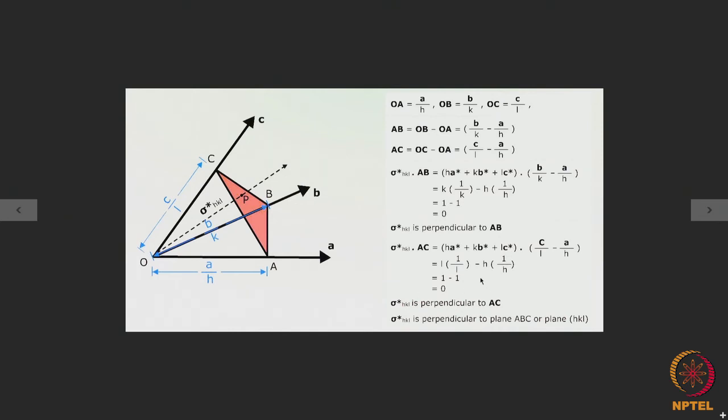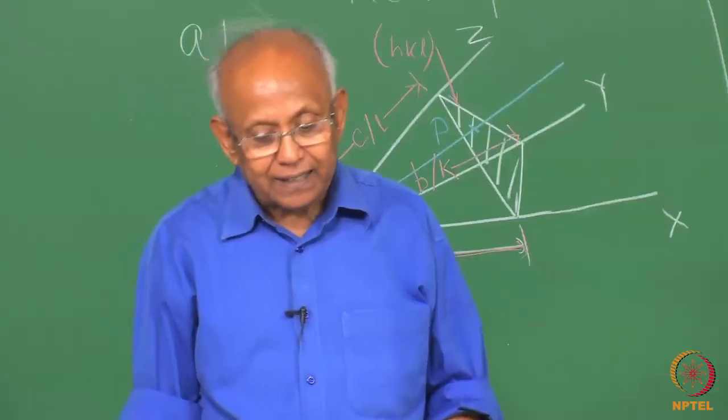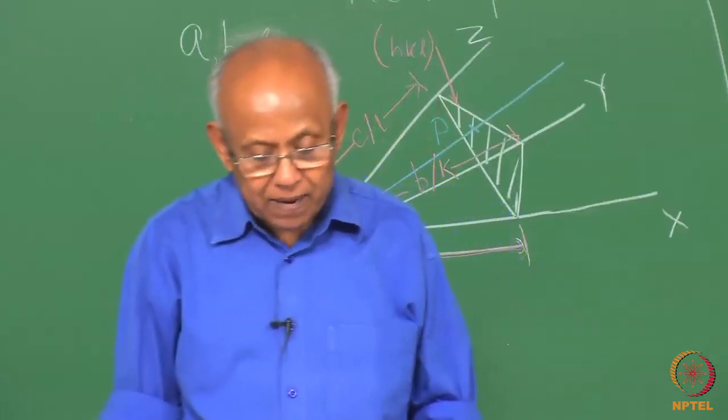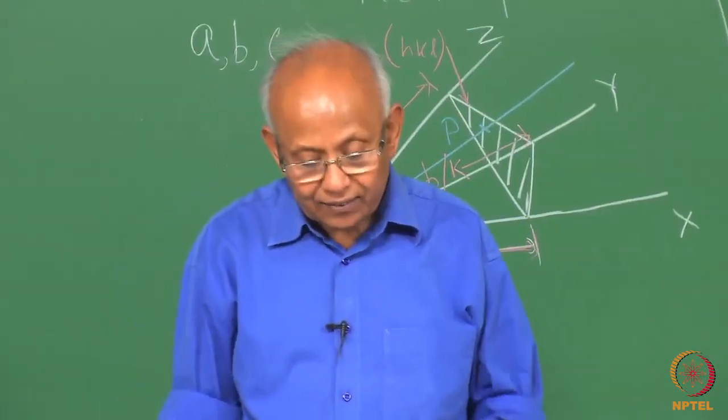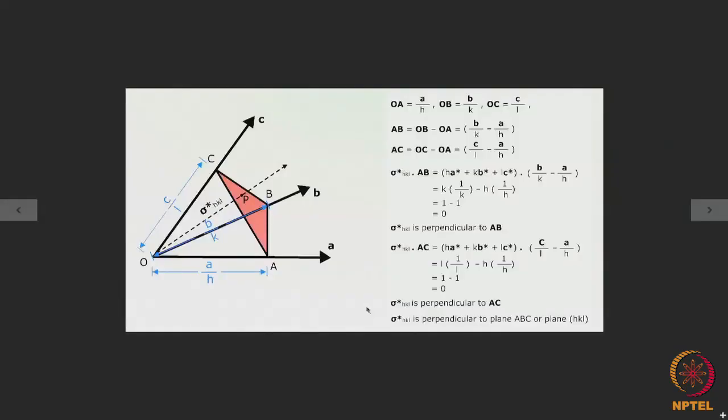So, we see that sigma star HKL vector is perpendicular to the vector AB as well as to the vector AC, or in other words sigma star HKL vector is perpendicular to the plane ABC or the plane HKL. So, the first relationship that we mentioned earlier is proved.